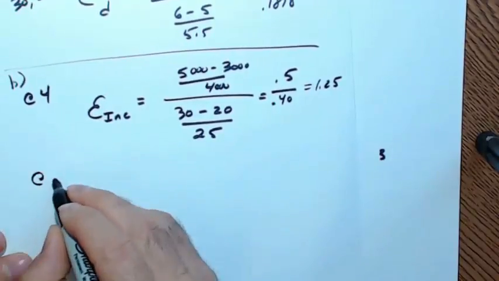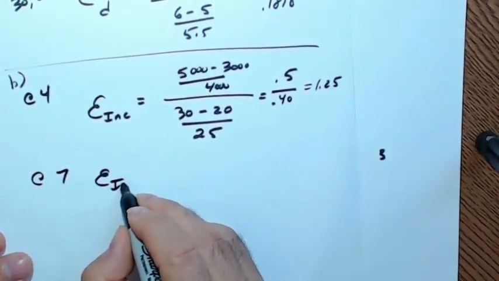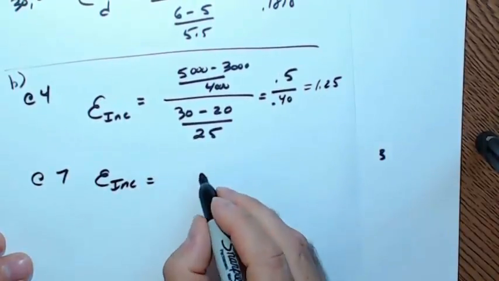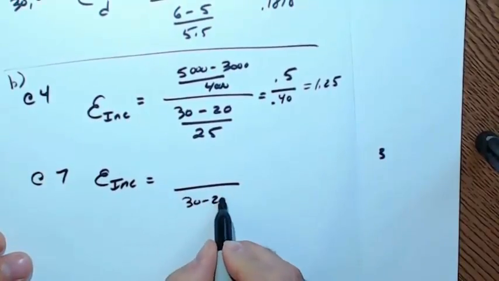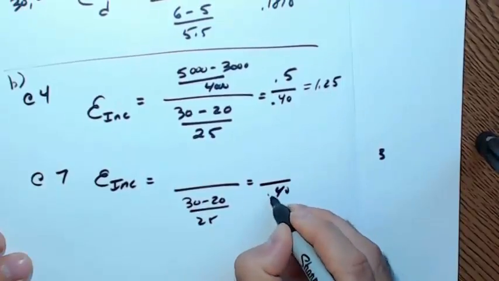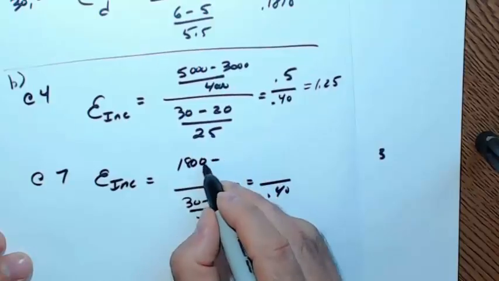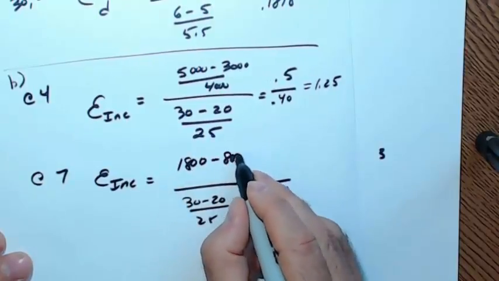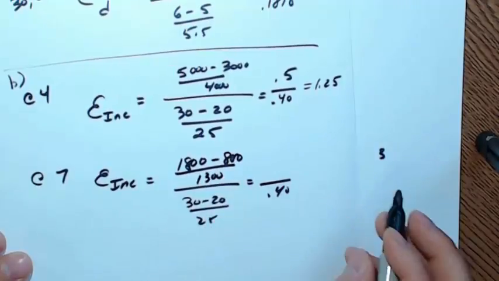Now let's look at $7 and try to interpret from there. At $7, again, we have the same denominator of a 40% increase in income, but we go from 800 to 1,800 in the quantity of T-shirts.